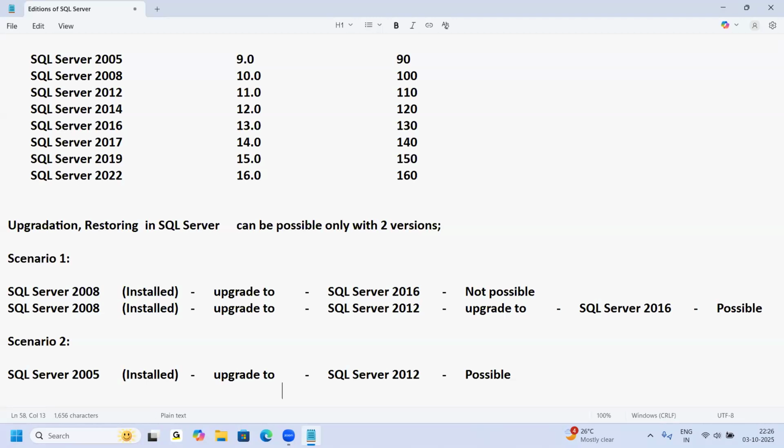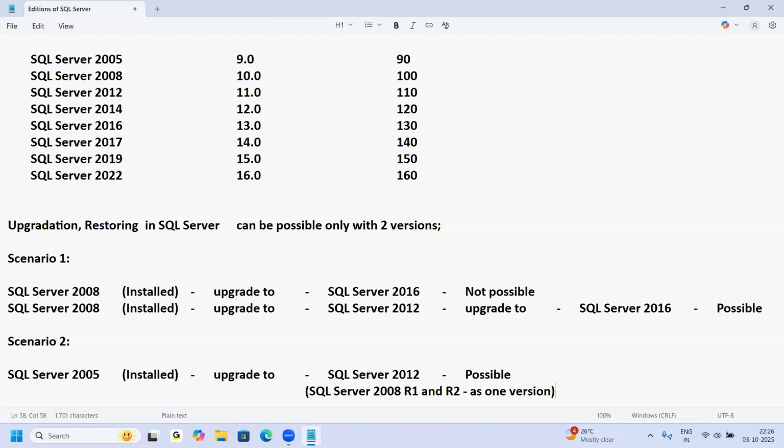Remember, SQL Server 2008 has two releases, release 1 and release 2. But the problem in SQL Server is they both are considered as one version only.